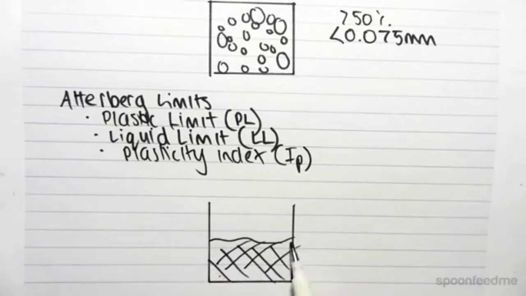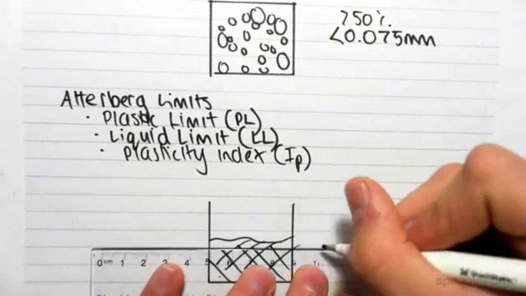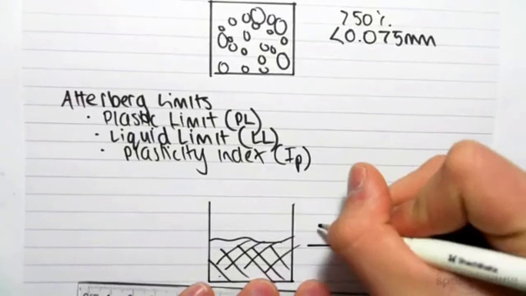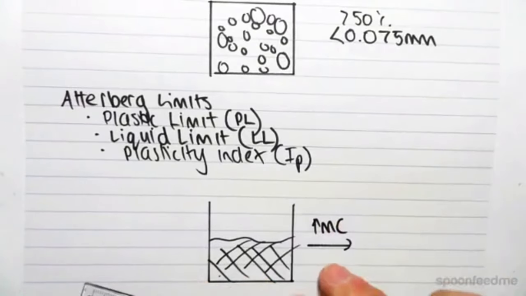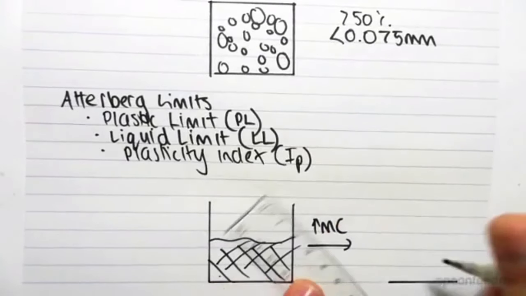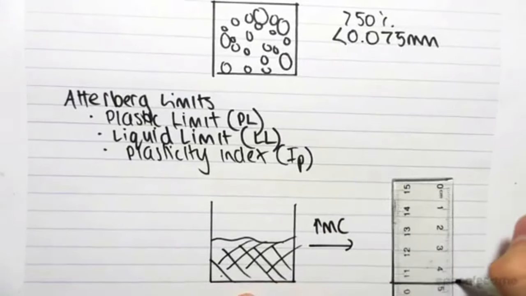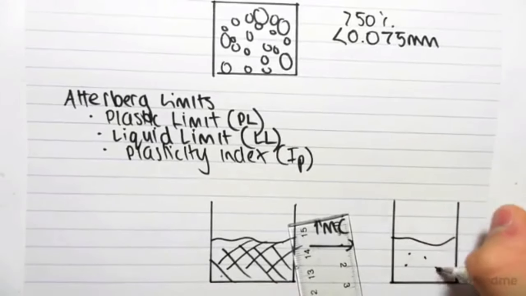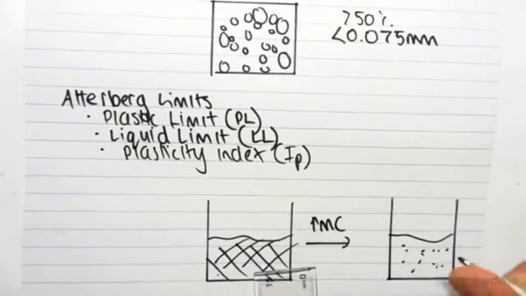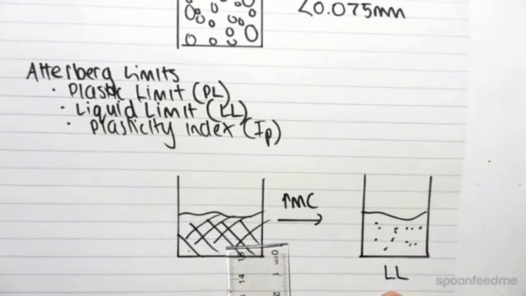So it's sort of taking the form of the beaker here. Now there's two limits to this. We can increase the moisture content, so we're just adding water, to such an extent that the fine particles now become suspended in the water. This is called the liquid limit, and it's the point at which the solid soil particles become suspended in a liquid, so in the water.